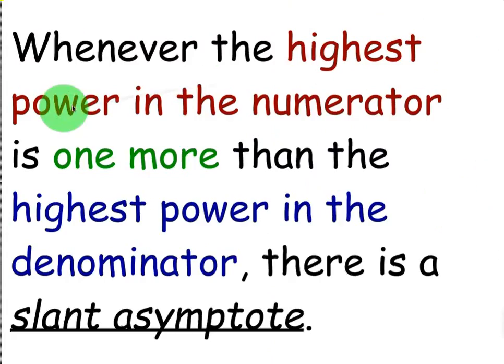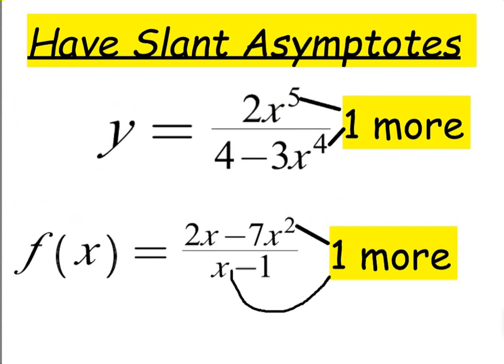Whenever the highest power in the numerator is 1 more, and it has to be 1 more, it can't be 2 more or 3 more, than the highest power in the denominator, there is a slant asymptote. And if not, then there is none. We're going to look at some examples in a second, and I will keep it there so you can copy it. Let's take a look at some examples of equations that have slants.